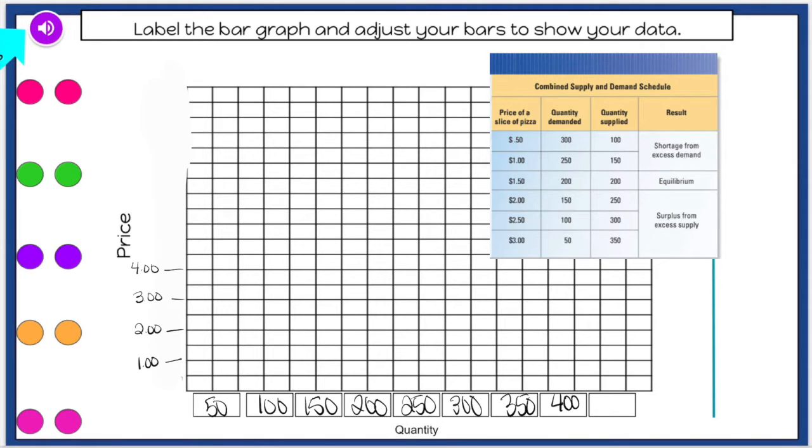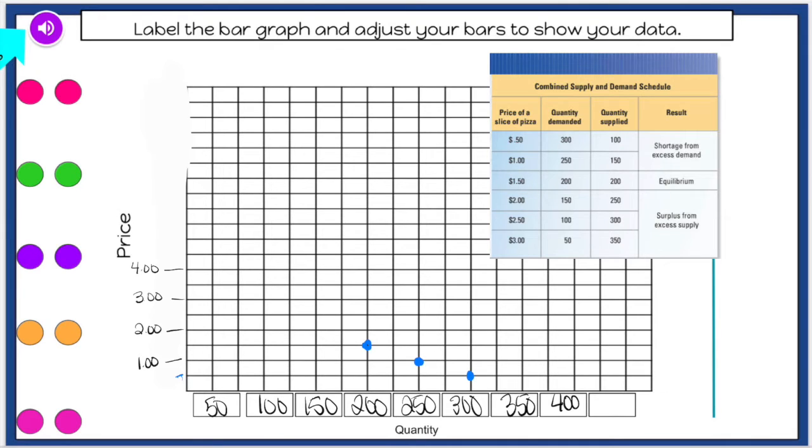So 50 cents would be right in here, so we're going to put a dot right here. At $1, they're demanding 250, so the dot's going to go there. At $1.50, they're demanding 200, so $1.50 will be in the middle here, right there.